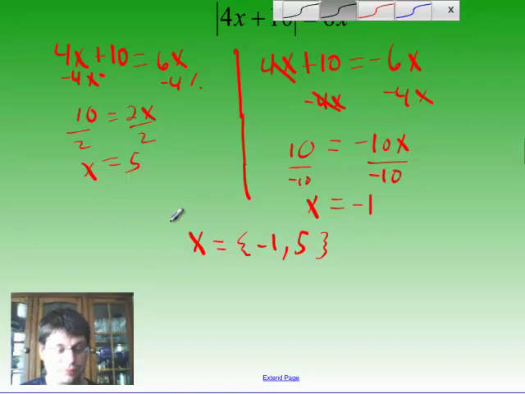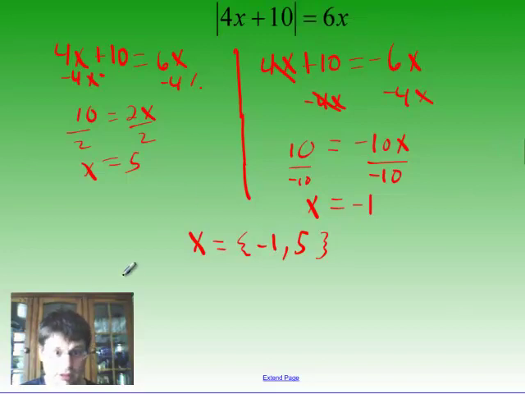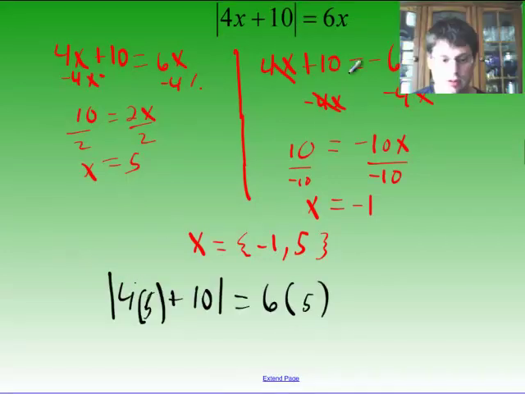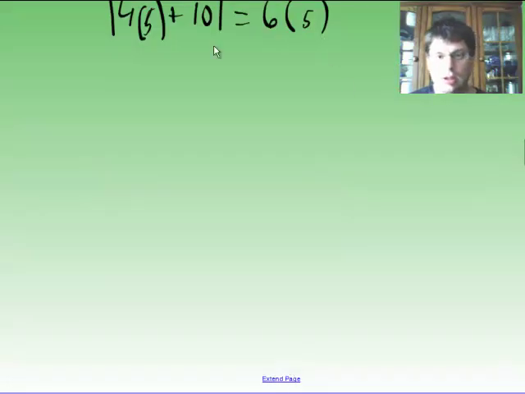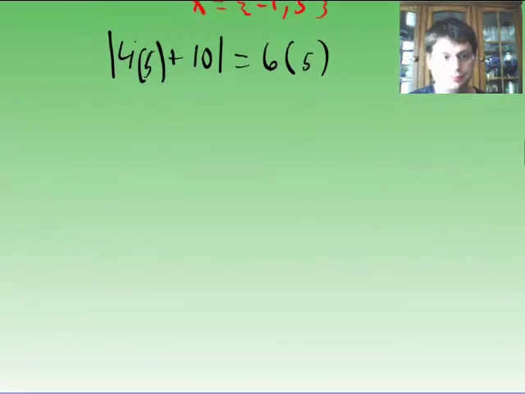Let's see what happens. So I'm going to start by substituting the 5 in. Now, let me get a little more room here. We'll evaluate that, and let's see, we have 20 plus 10.